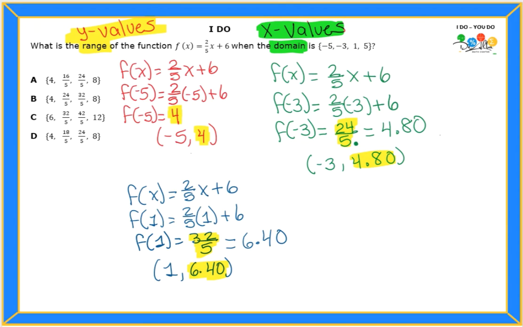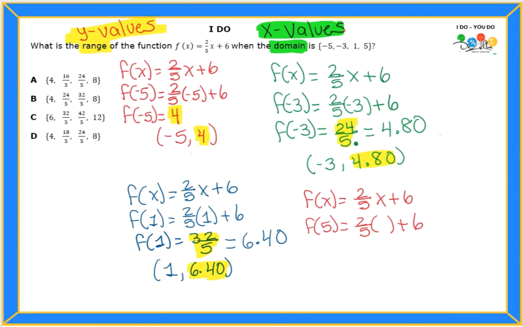And the last one, I'm still going to do f of x equals 2/5 of x plus 6. And now I am going to evaluate x as 5. So my x is replaced with a 5, and we're going to write down the function.